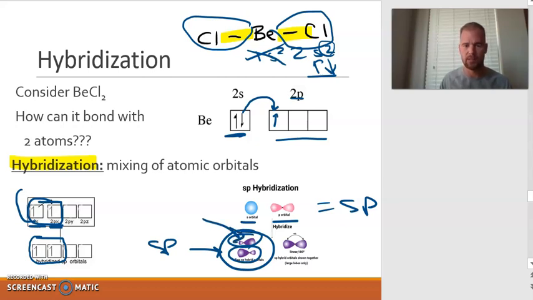This one has the one electron in it, and this one has the one electron in it. Now you have two orbitals that are half filled that can now overlap with the chlorines that are in the terminal position. So that was a process of hybridization to create these sp orbitals, and then these p orbitals here just weren't used, and so they just are sitting there. They were not mixed.